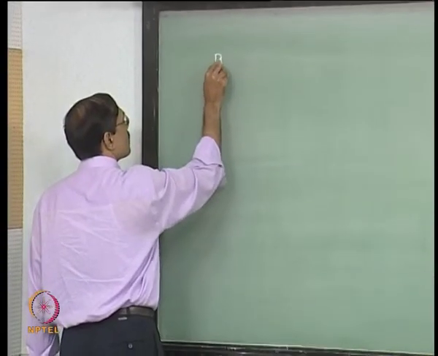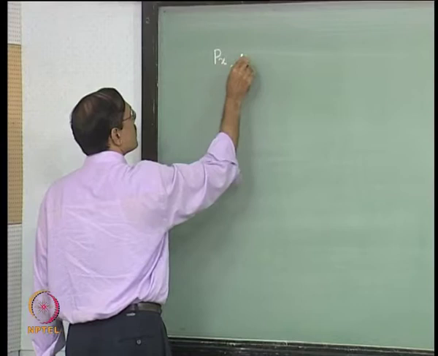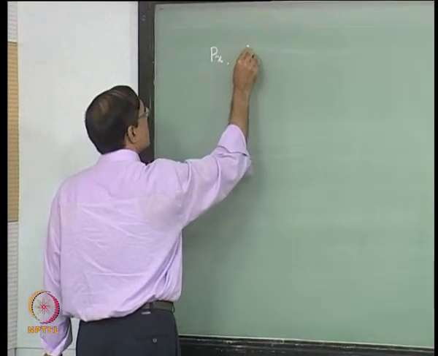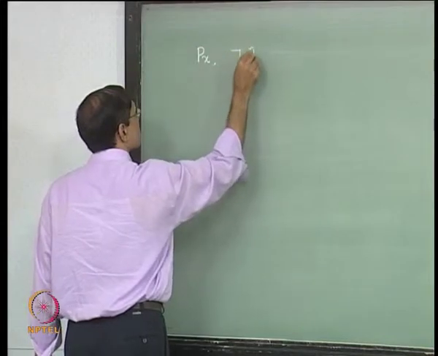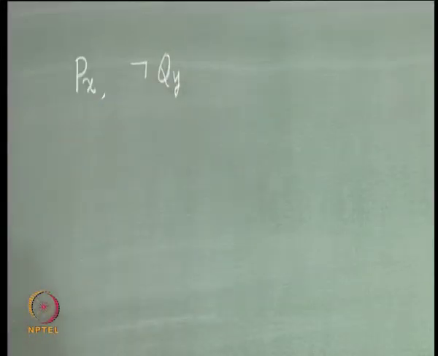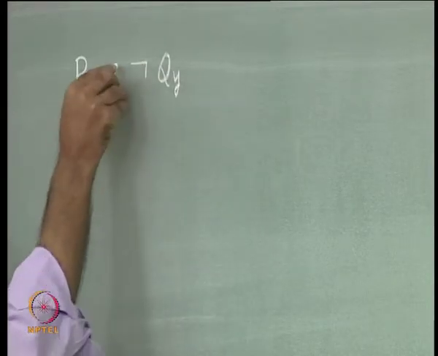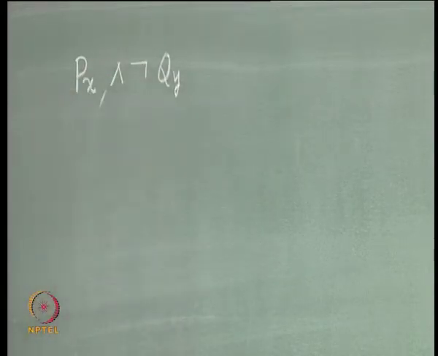Say I have one clause having Px and say not Qx, or say not Qy, fine, this is one clause. So, that means we will be writing it as and or which one? It is a clause now.